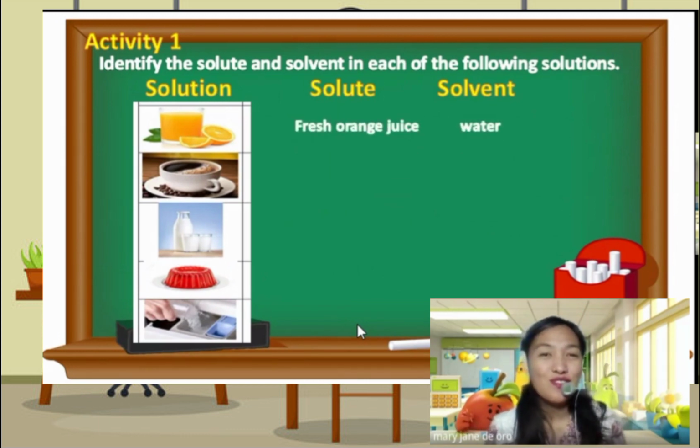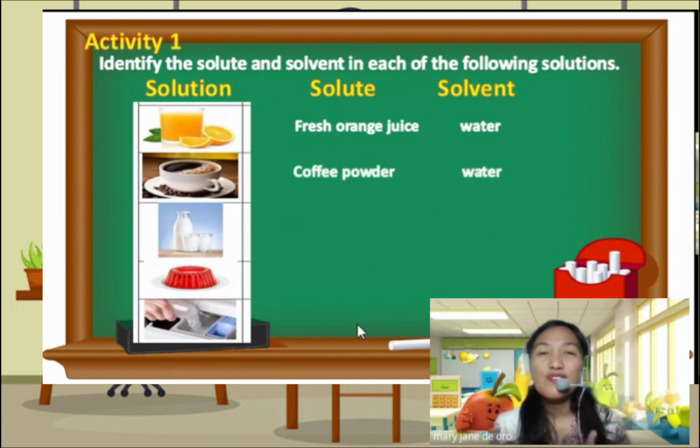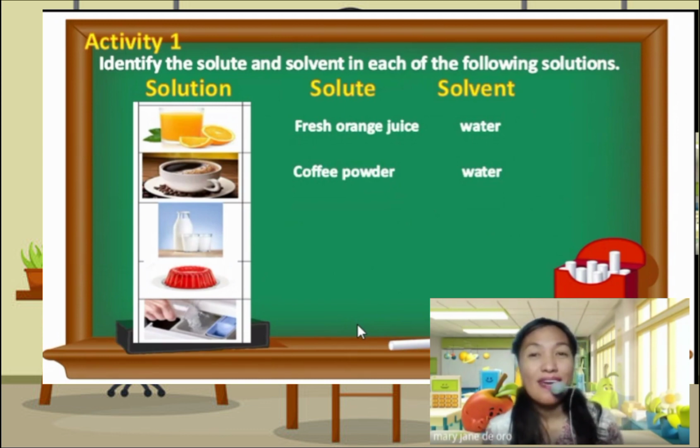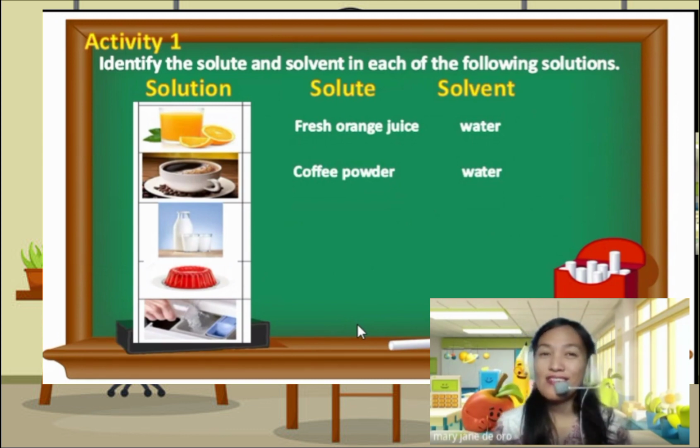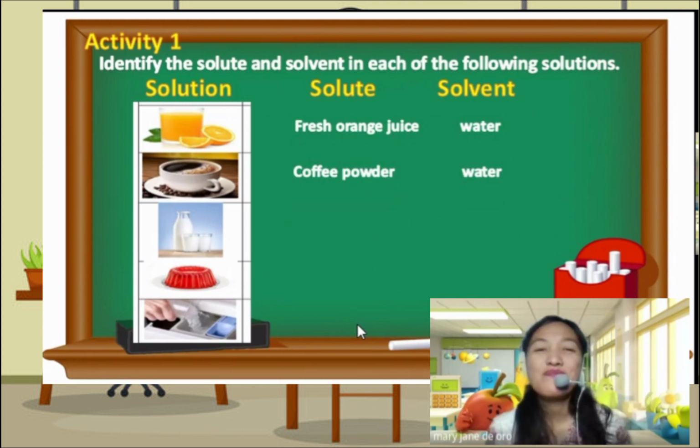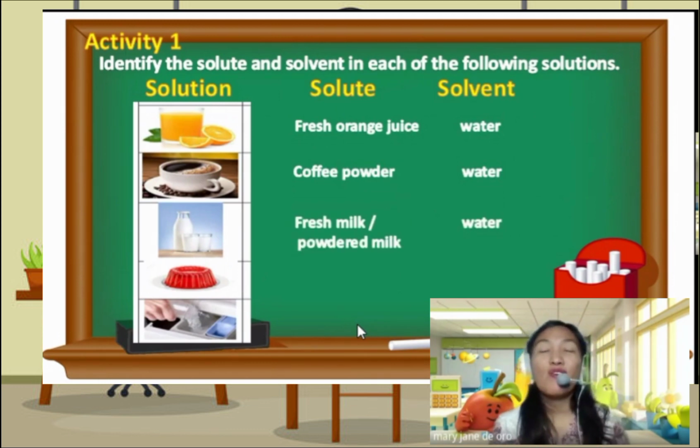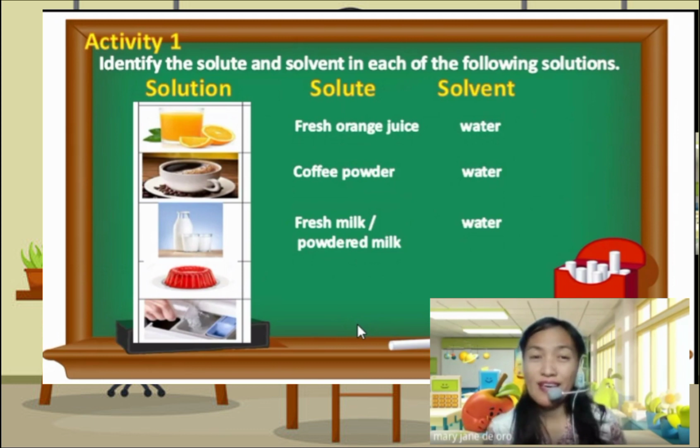For the orange juice, we have solute, fresh orange juice, and water. If you get the correct answer, you have 2 checks in it. Next, for the solute, we have coffee powder, and for the solvent is water. Another check for you. Next, we have the powdered milk, and the solvent is the water again.